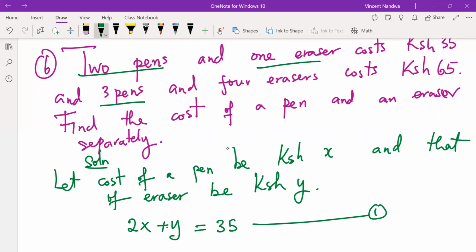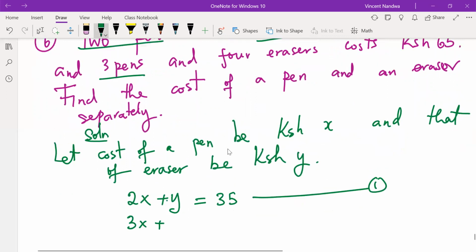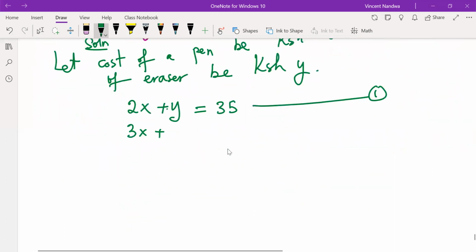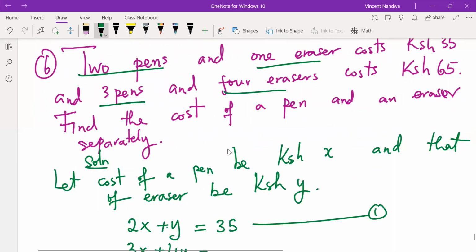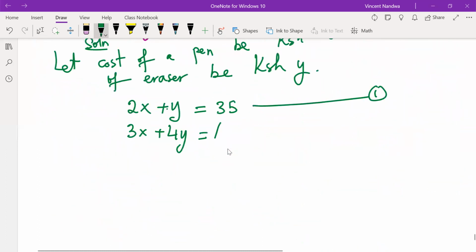Next, we buy 3 pens. So if 1 pen is X, total will be 3X. And 4 erasers. If 1 eraser is Y, 4 will be 4Y. The total should be 65. All this is in equation 2. So you solve 1 and 2 simultaneously.